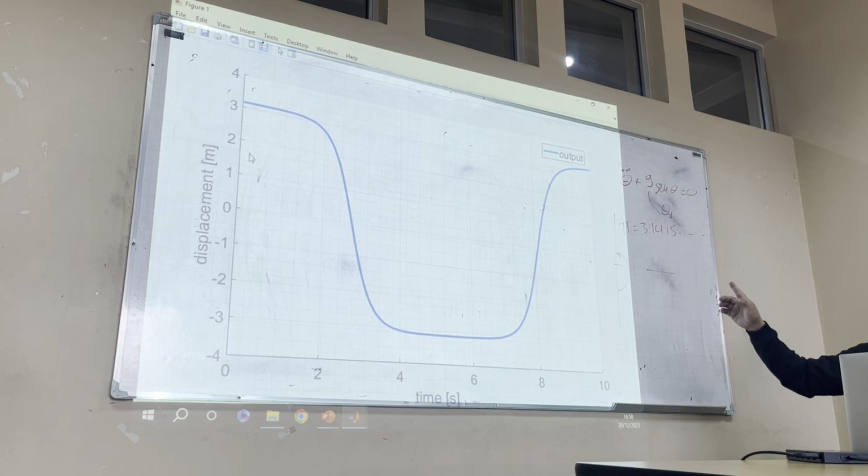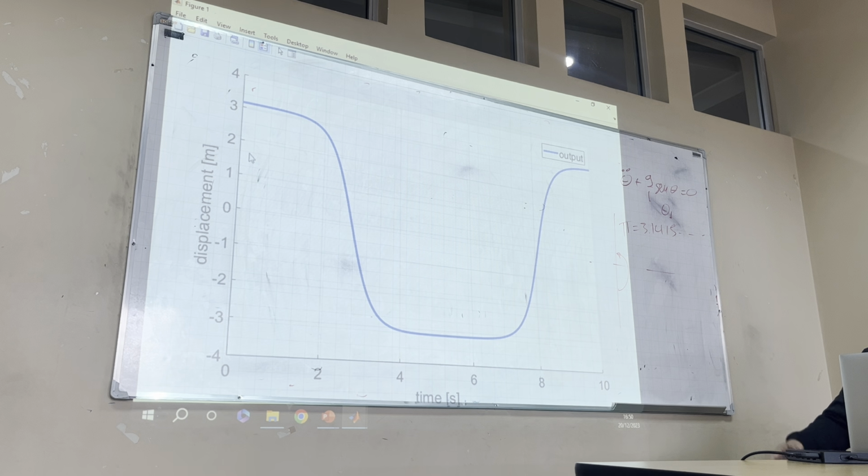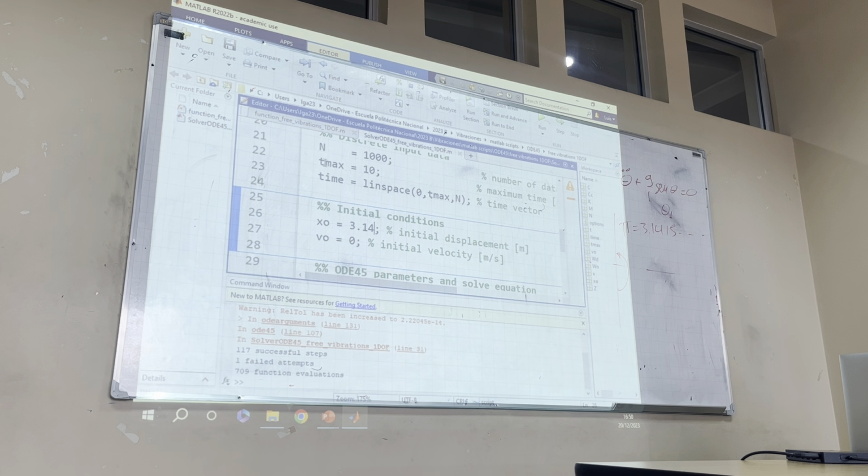This is the solution. This is not a sinusoidal. It is impossible to find an analytical solution for a pendulum. But this code gives you a good approximation, which is that one. What did we do? Just modify the code. Is that clear, guys? Do you have a question?